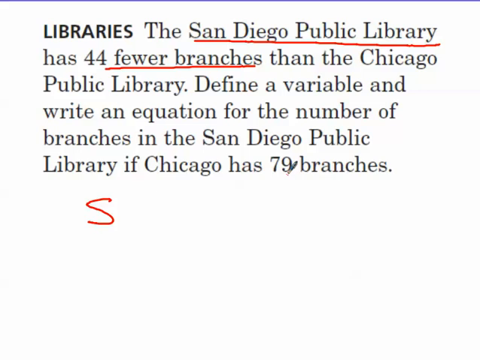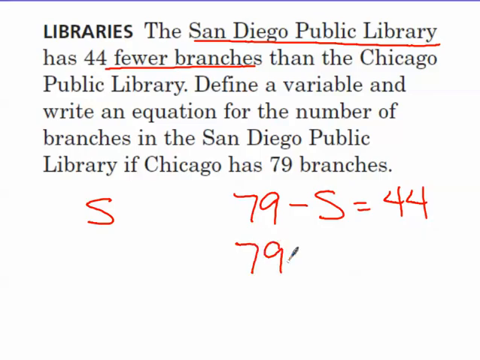So if we were to take the Chicago, which is 79, if we were to subtract the San Diego, we know we would end up with 44 branches that remain, 44 fewer. San Diego has 44 fewer branches. Okay, so that is one way we could do it, or we could actually write this as 79 minus 44 equals how many we have in San Diego. So either way is acceptable.